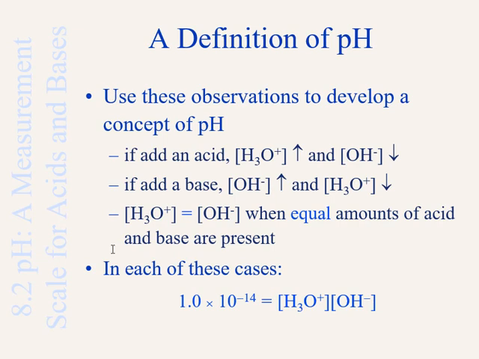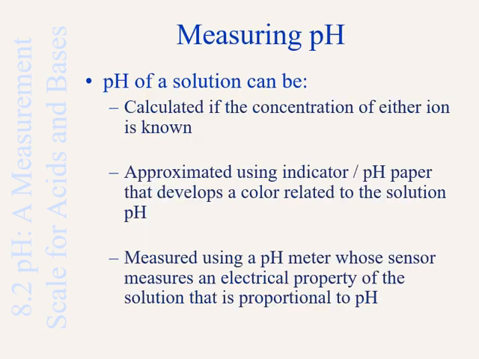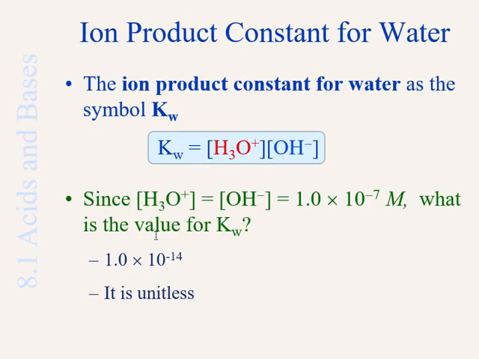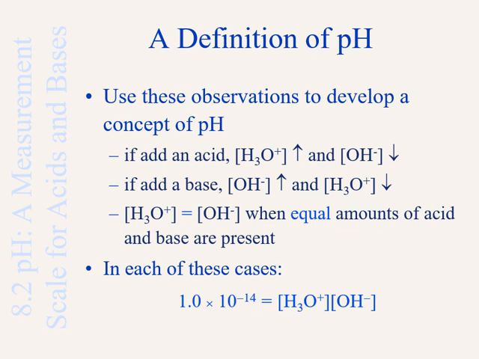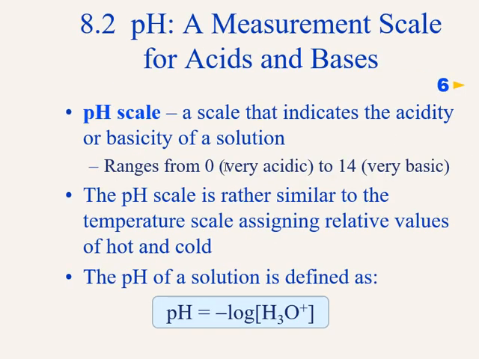If you have both of them equal to each other, then you have equal amounts of the acid and the base, and in that situation we come back to the original situation, where you have a neutral solution where there is no excess of the acid or the base, and the pH value for that situation will be right in the middle between 0 and 14, which happens to be a pH of 7.